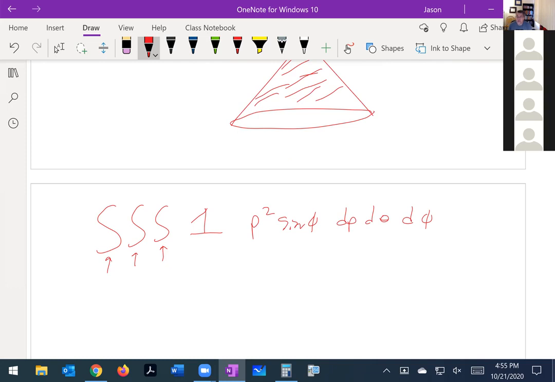So if I have a 1 here and I do a triple integral, that means I'm taking a 4-dimensional object and stopping it after 1 second of time and taking a snapshot. It'd be like if you had an expanding ball and you took a picture at t equals 1, then you'd only have a 3-dimensional object.